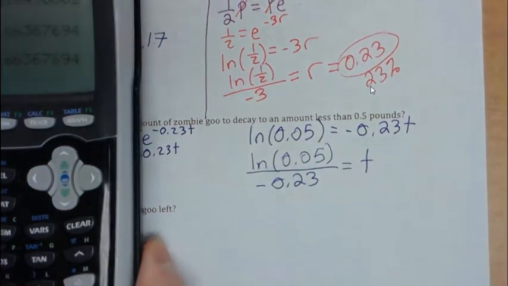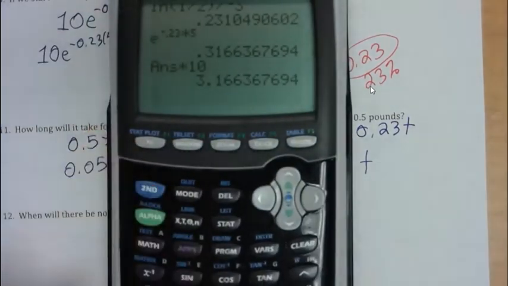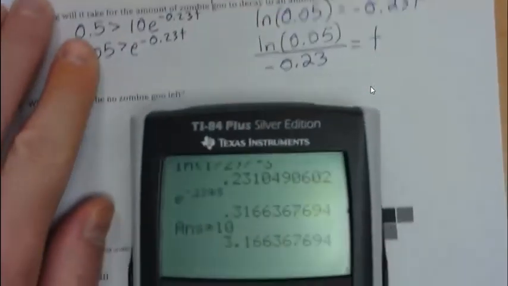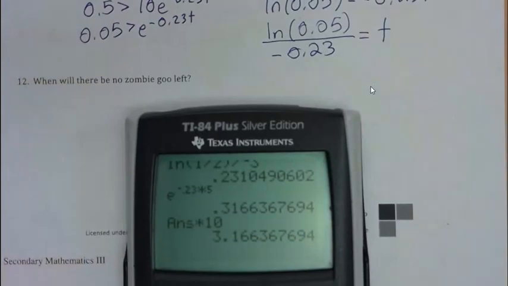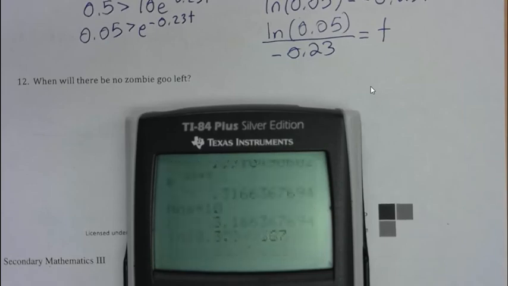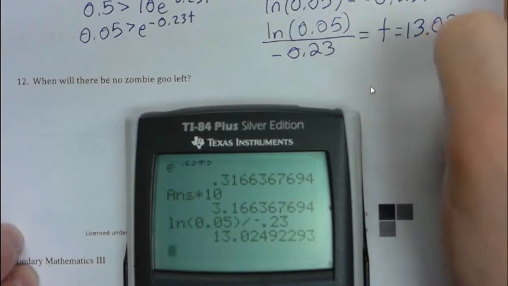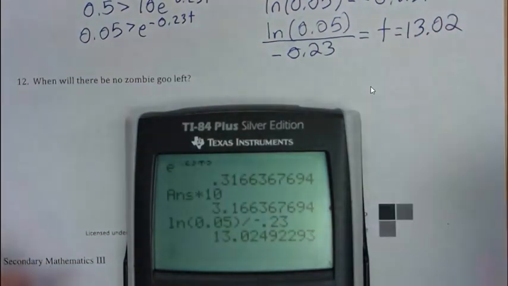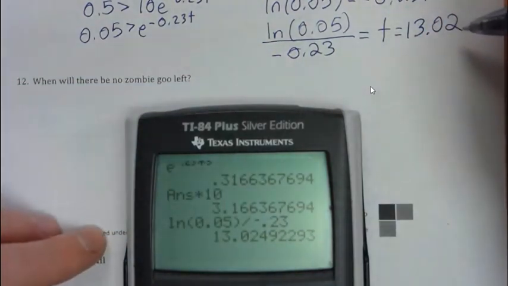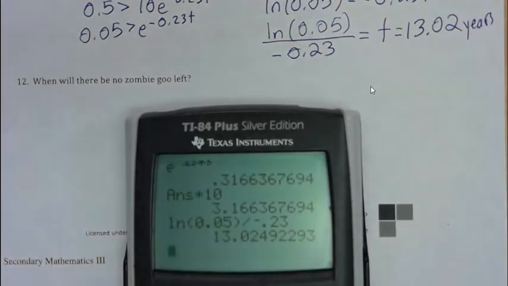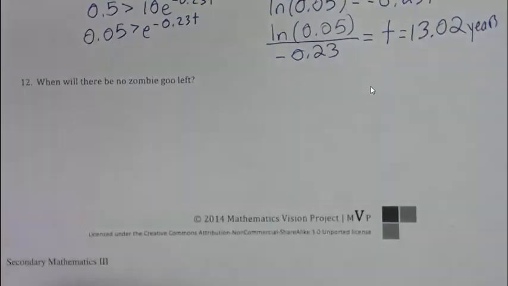And so now if I divide those in my calculator, so I'm going to do the natural log of 0.05 divided by negative 0.23. So that answer ends up being about 13.02. And that was, I believe, years. So a little over 13 years later for it to be less than 1/2 pound.